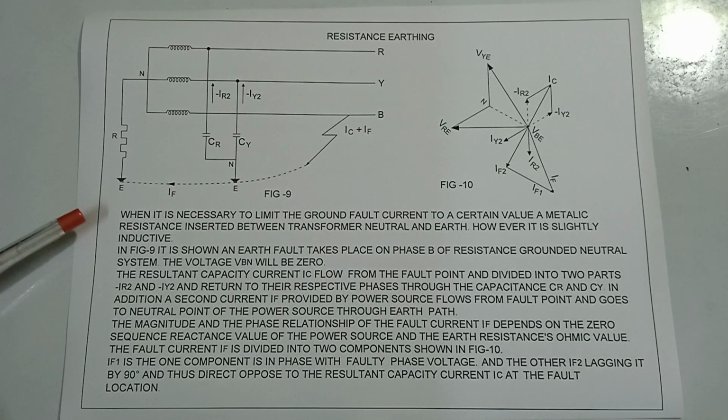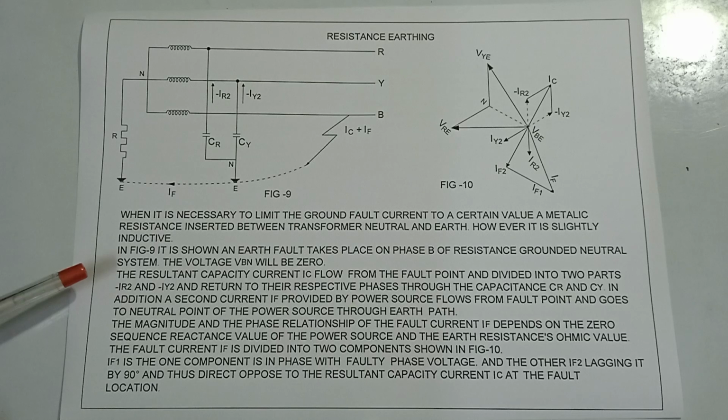When it is necessary to limit the ground fault current to a certain value, a metallic resistance is inserted between the transformer's neutral and earth. However, it is slightly inductive. In figure 9, an earth fault takes place on phase B of a resistance grounded neutral system.